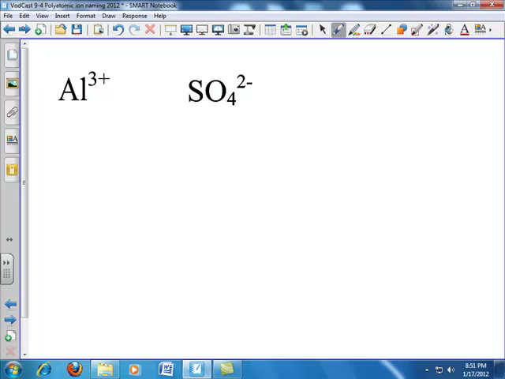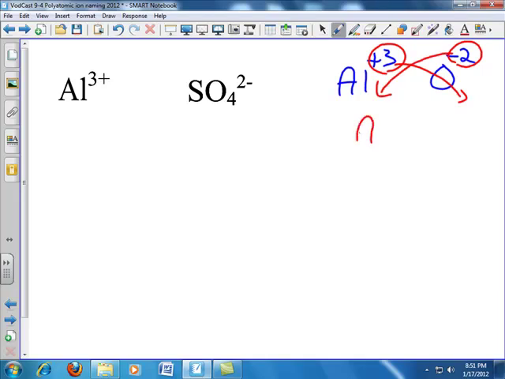Now, a few things here. That old crossover method that you've done in the past, when I had Al +3 and O -2, and I took this crossover and brought that down there, and took this and brought that down there, and I could write Al2O3. That still works with polyatomic ions.